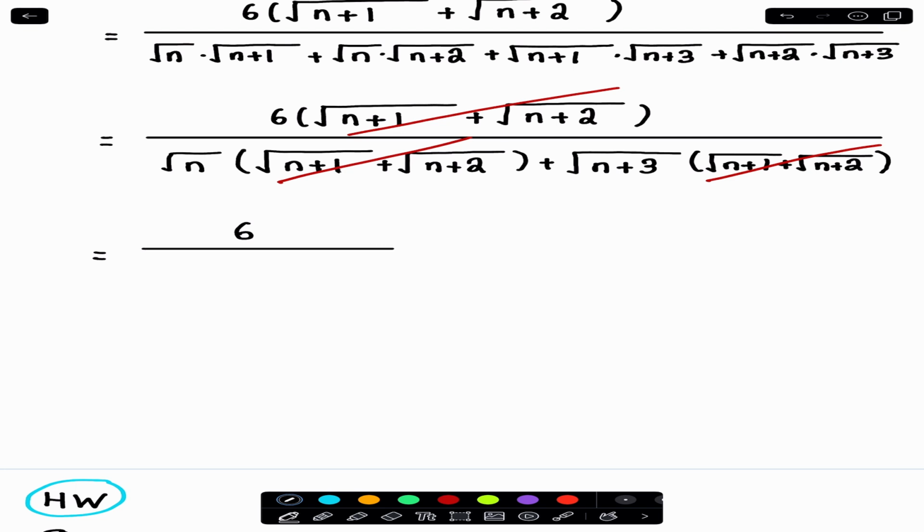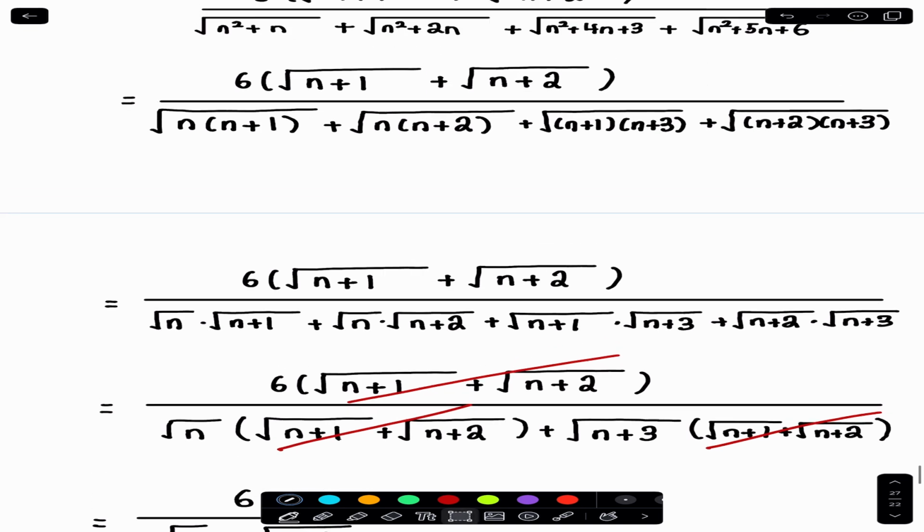I got fooled by the giant sum from above. But anyways, what we're left with is square root of n plus the square root of n plus 3. Awesome.